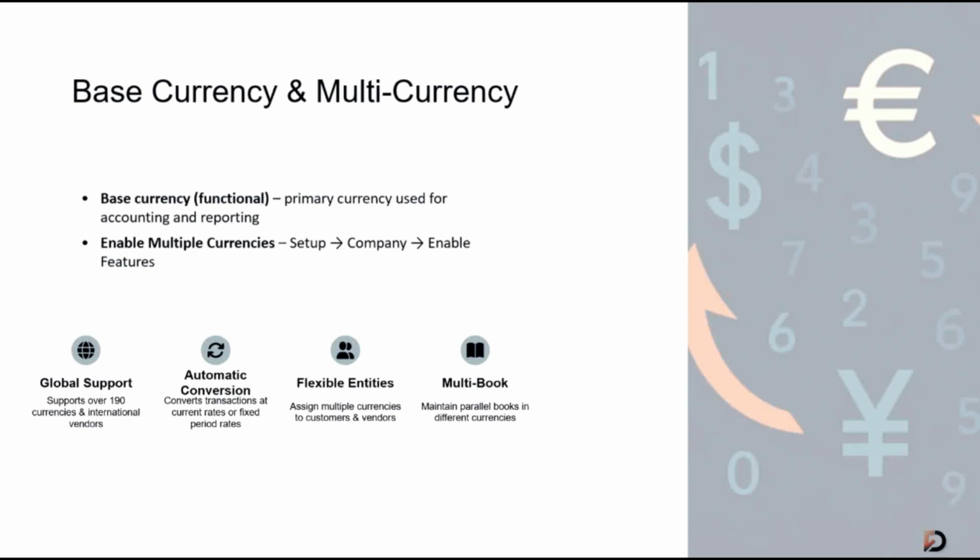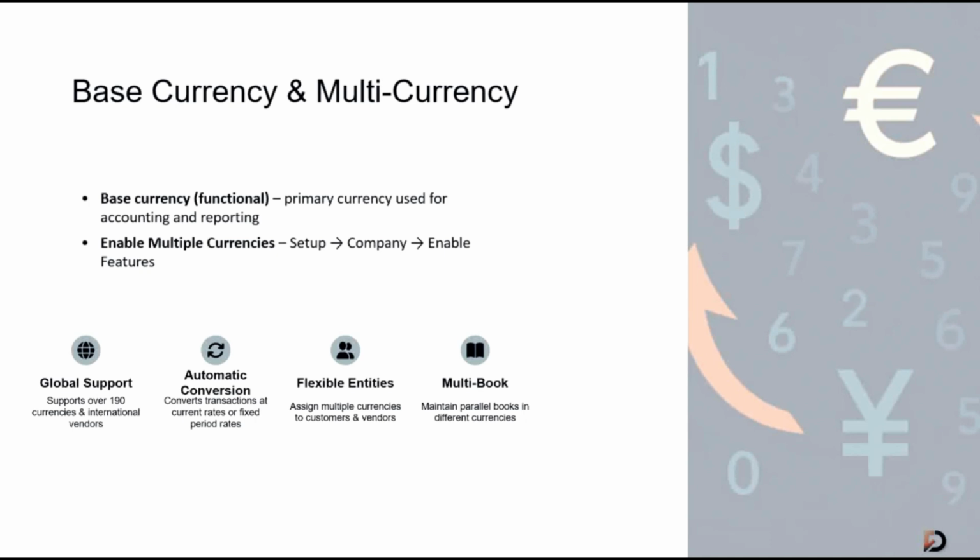Before going to that, let's see some key multi-currency features in NetSuite. NetSuite supports more than 190 currencies and international vendors. Automatic currency conversion is available. There are two currency conversion providers available by default: Xignite and HSBC.